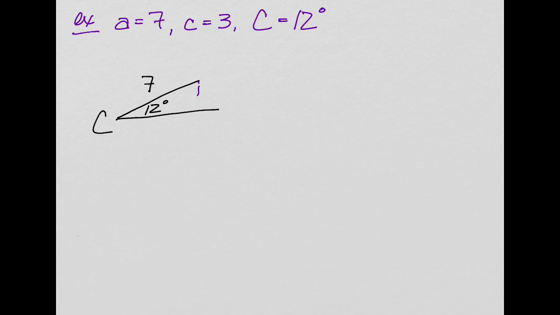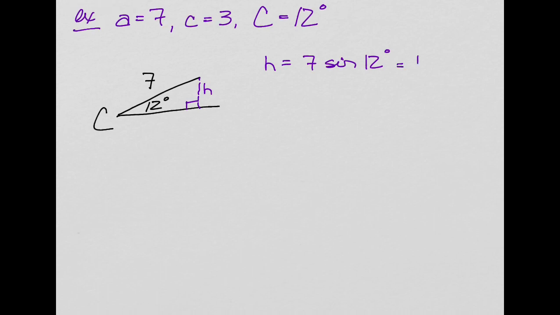So the height of my triangle is here, straight down, so that I get a right angle. There's the height. The sine of my 12-degree angle is the height divided by 7. So if I solve for h, there's my height, 7 times the sine of 12 degrees. If I do that, I get 1.46.